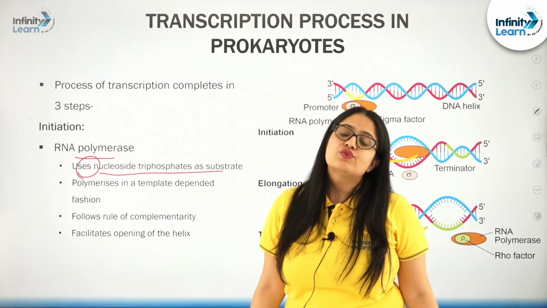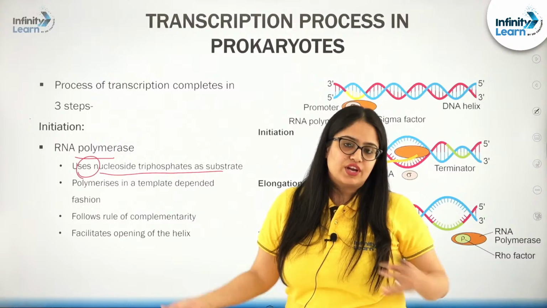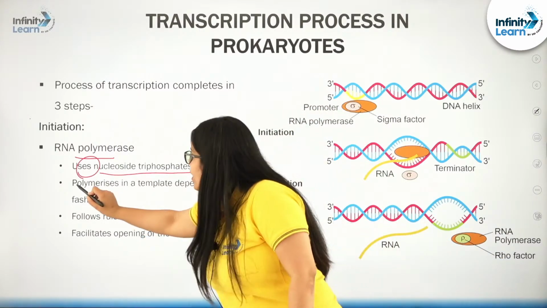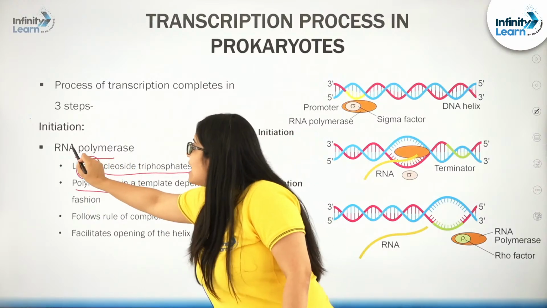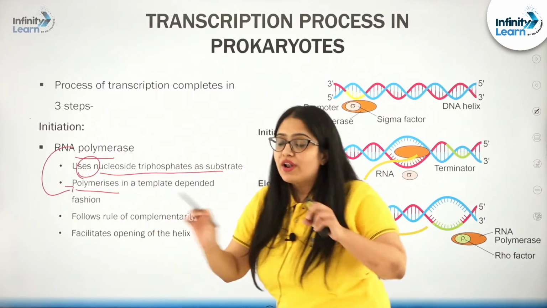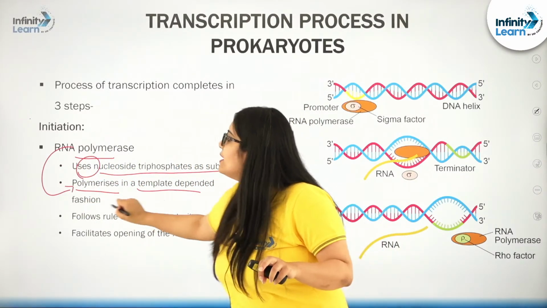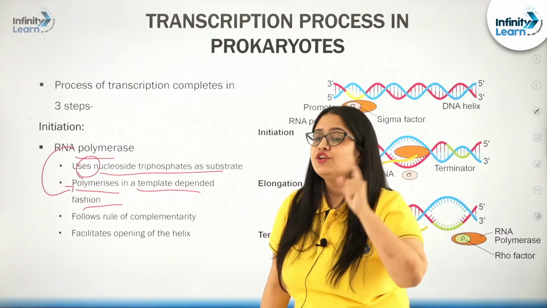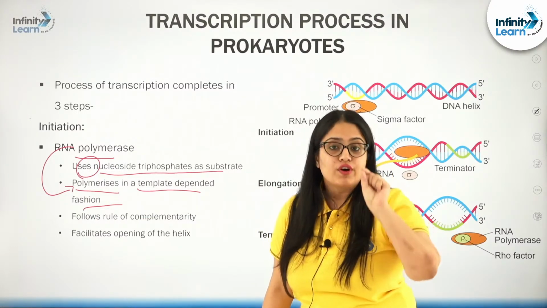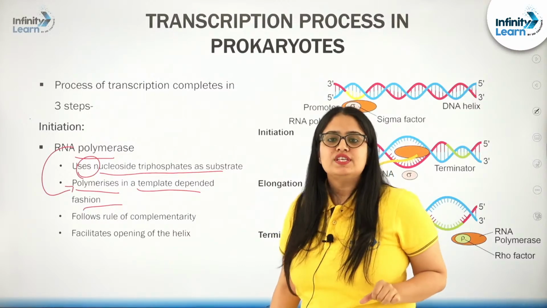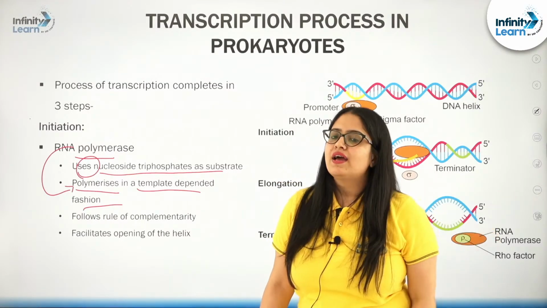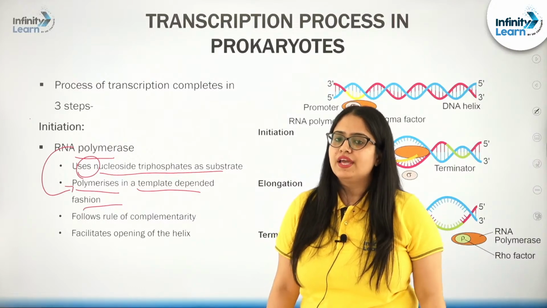Yes, ribonucleotides will be used as a substrate to polymerize and form an RNA molecule. RNA polymerase will polymerize in a template-dependent fashion. What does that mean? This means this RNA polymerase will use one of the strands of the segment of the DNA to form a sequence, or to form an RNA molecule.